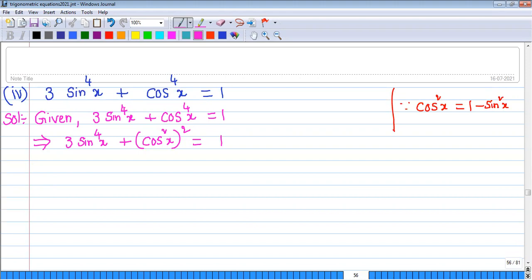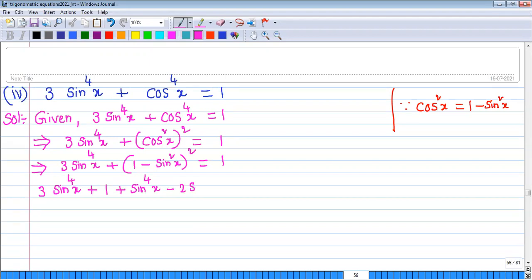So now 3 sin x to the power of 4 plus 1 minus sin square x whole square equals to 1. Now 1 minus sin square x whole square is an a minus b whole square formula. We need to expand it. 3 sin x to the power of 4 plus 1 plus sin x to the power of 4 minus 2ab, minus 2 sin square x, equals to 1.